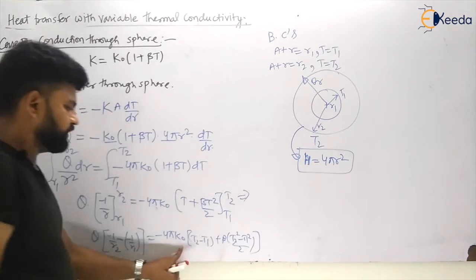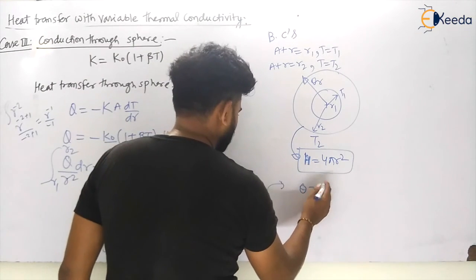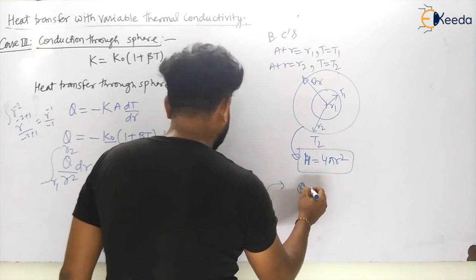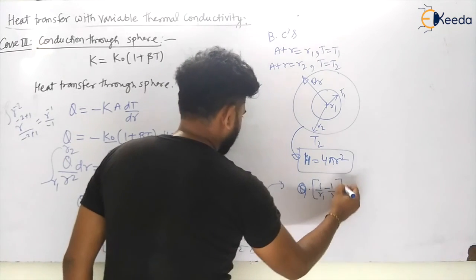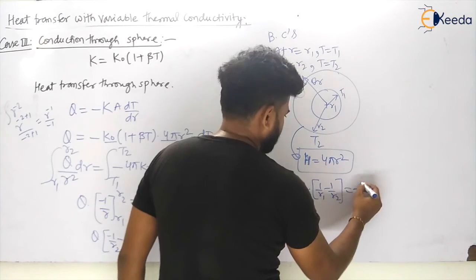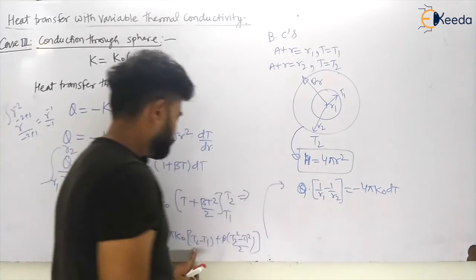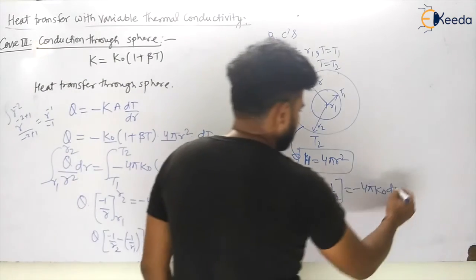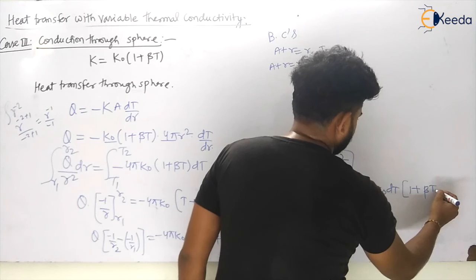Okay, so let us take T2 - T1 this side. So Q into (1/R1 - 1/R2) equals -4πK0 (T2 - T1), taking that outside from the integration, into (1 + βTm).